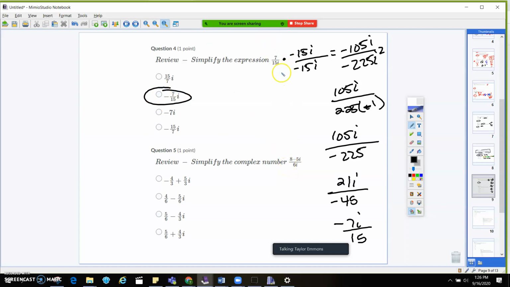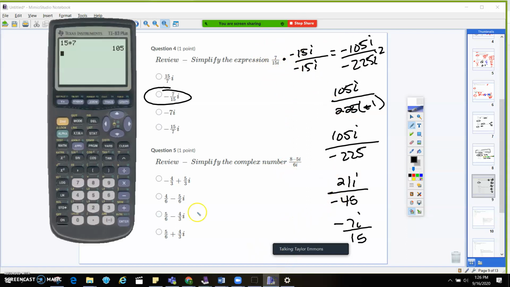If you're ever sitting there and you're like, I don't want to do this in my head, or I don't want to do this out on paper, your calculator does it for you. Watch this magic. All right, so we got 7 in the top. It has to have parentheses around it. Divided by parentheses 15. If I hit second and then decimal, close the parentheses, hit enter, it gives me it in decimal form.